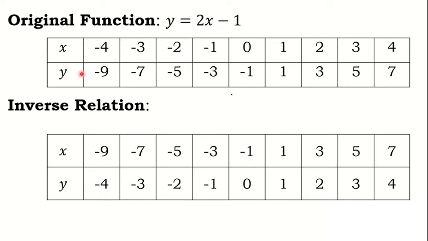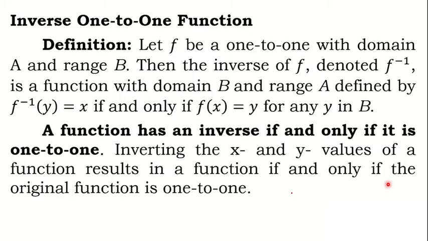As you can observe, the y values negative 9 to 7 become the x values, negative 9 to 7. Then the x values become y, negative 4 to positive 4. So that would be the inverse of the table of values.